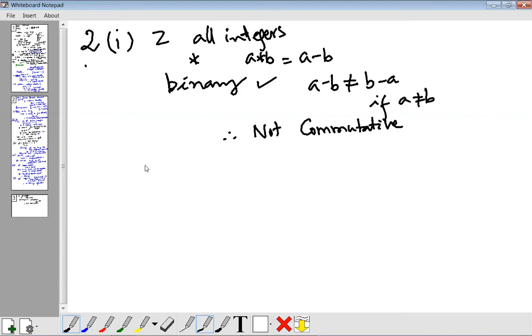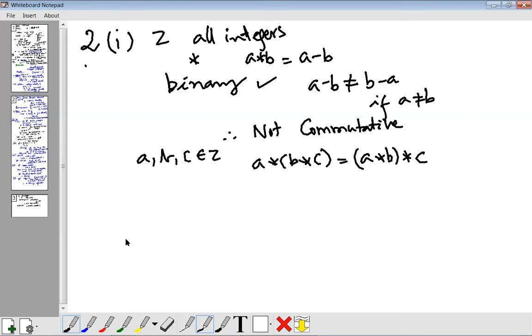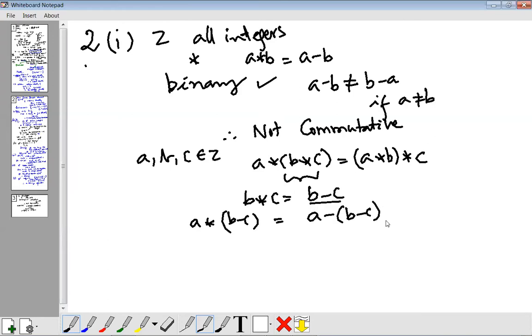Then associative. We pick three elements a, b, c belonging to Z. We want to check whether a star (b star c) is equal to (a star b) star c. First pick b star c, meaning b minus c. So a star (b minus c) is a minus (b minus c), which equals a minus b plus c.